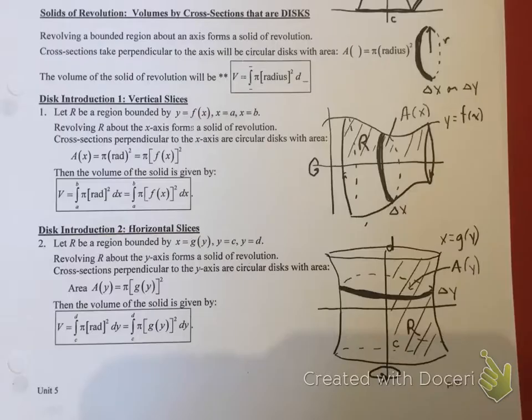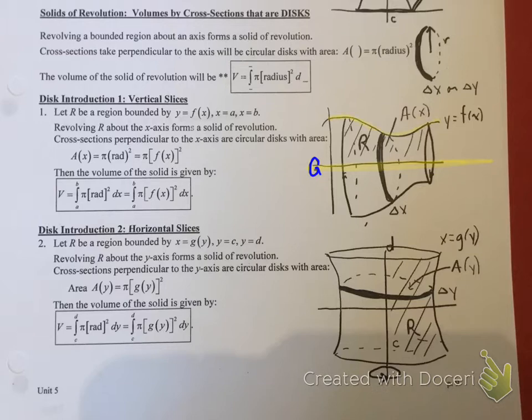All right, so when we look at this, we can have discs that are either vertical slices or discs that are horizontal slices. If a disc is cut with vertical slices, you are revolving around the x-axis. So this is the axis of revolution. Here's a little symbol that shows me I'm revolving around the x-axis. So here's my function.